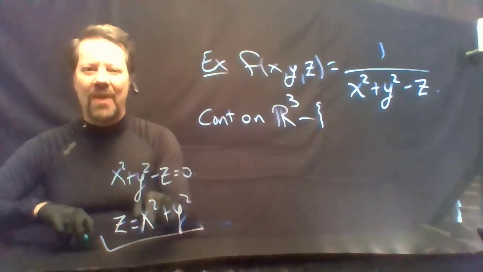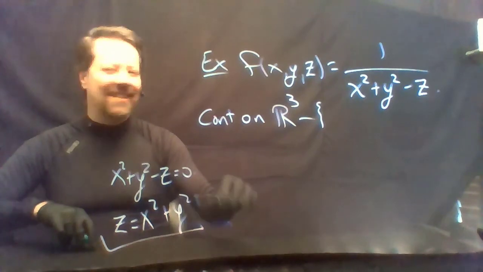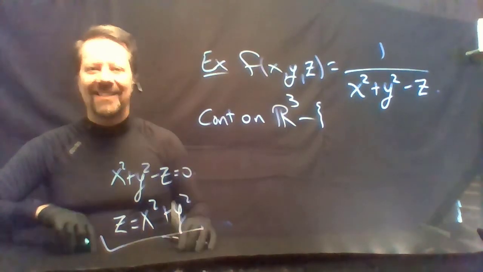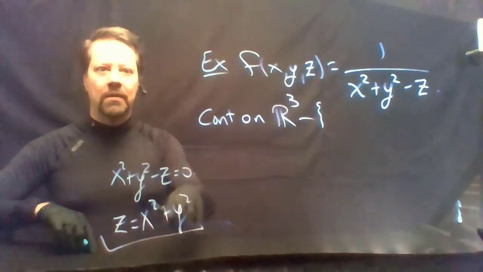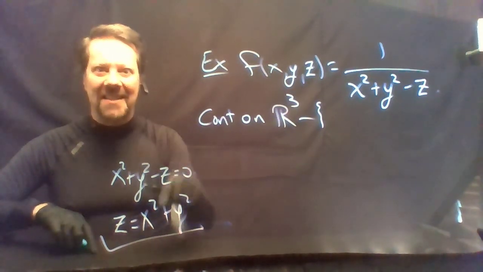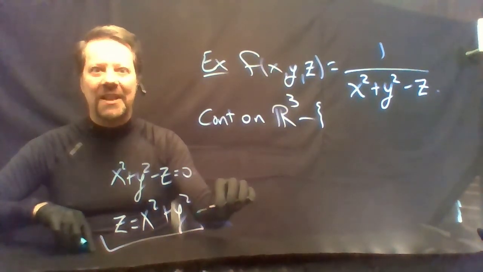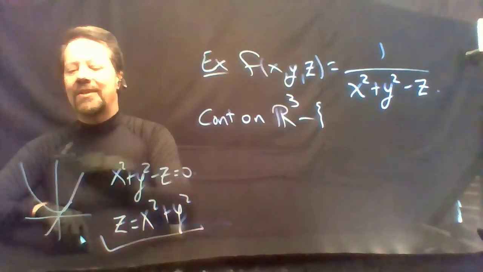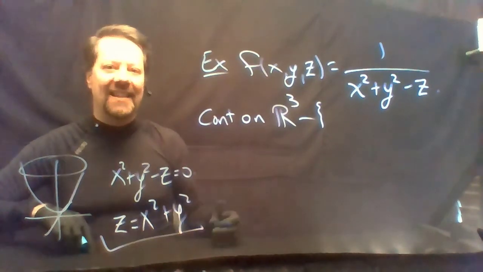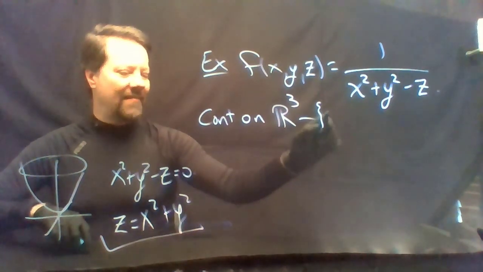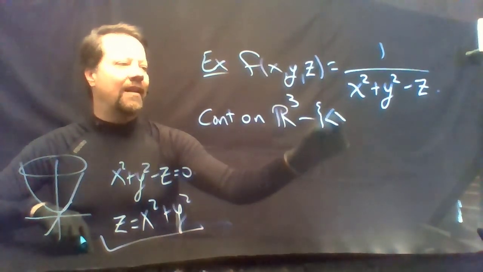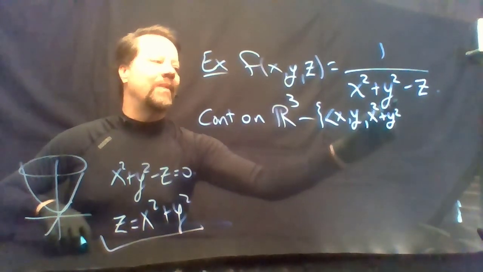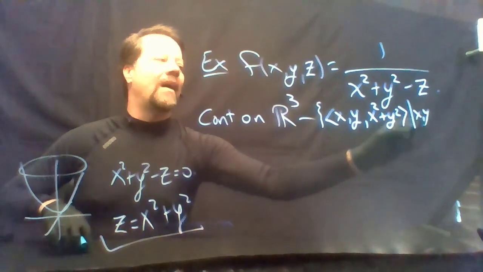Isn't that a quadric surface? Didn't we study these? Name it. Don't just point and grunt. We are not troglodytes. Go, ugh, ugh. No, it has a name. It's an elliptic paraboloid. So we're continuous everywhere except for points on that elliptic paraboloid. Those are points (x, y, x squared plus y squared), such that x and y are real.